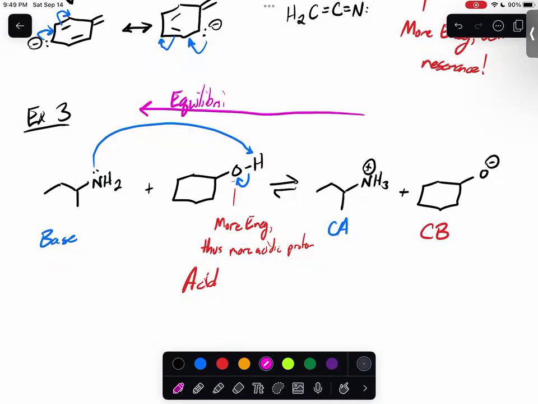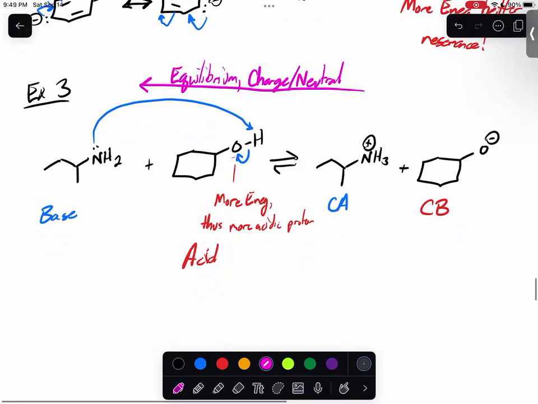And the reason here is you can just say charge slash neutral, because the starting materials are neutral. But here's the thing, we need to be careful whenever we think about neutrality. Because remember that whenever we were talking about HCl and water, it actually points towards the products which are charged. So it's not always true that neutral is better than charged. It depends on the strength of the acid.